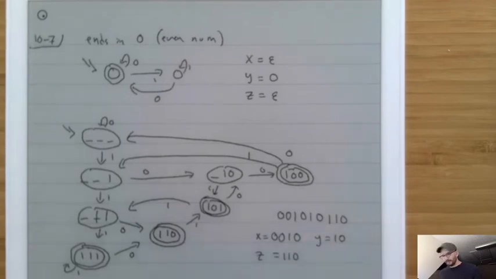So now, from that string, we have these three pieces, 0, 0, 1, 0, then 1, 0, 1, 0, then 1, 1, 0. And so notice that we can have X and then Y any number of times, and then Z, and it will always reach an accepting state.